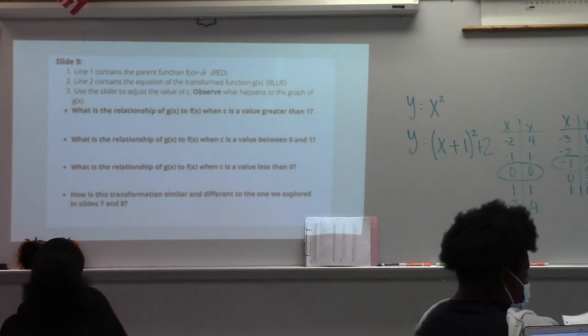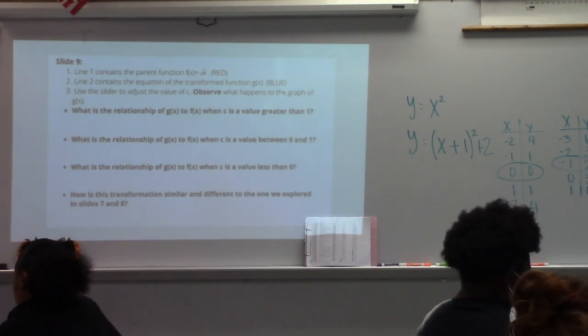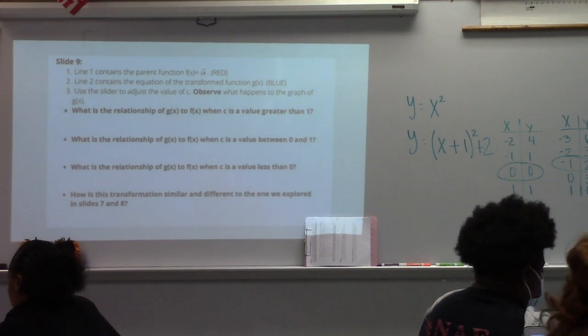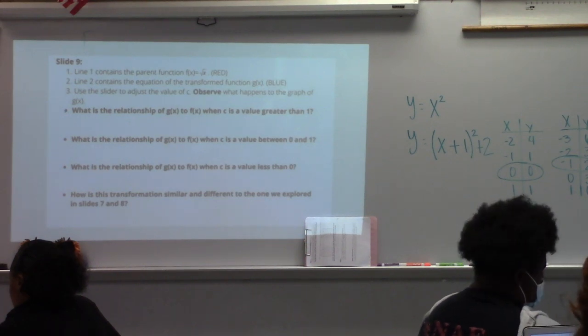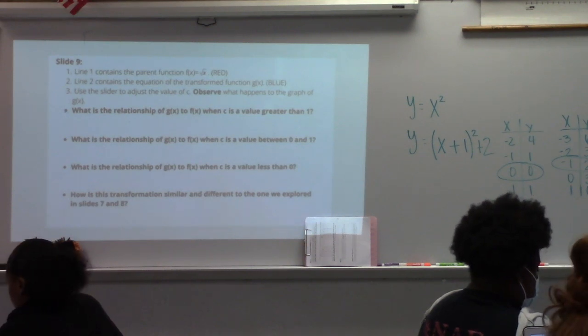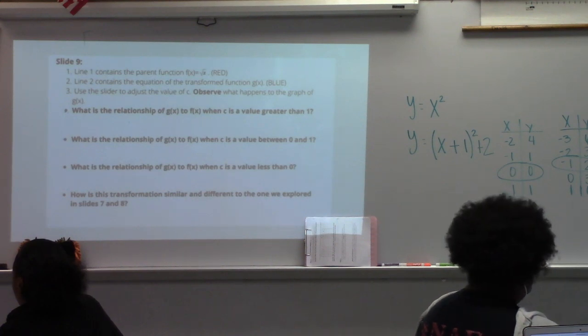Okay, so now this is looking at slide 9, where we had very similar. Did they finish slide 9 and 10 yesterday? No. So we need to explore for a few minutes? Yes. What's the code?